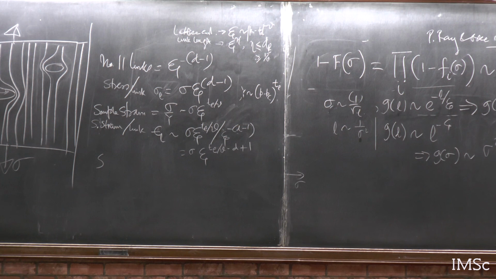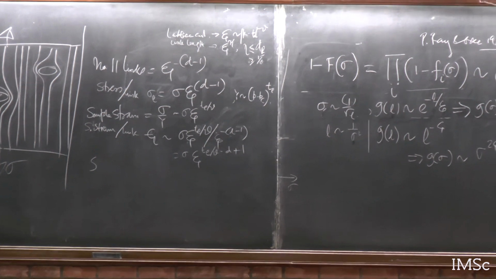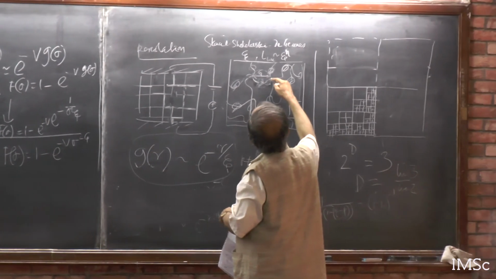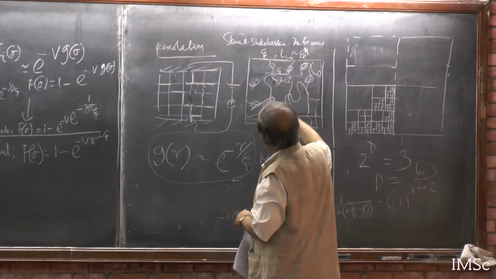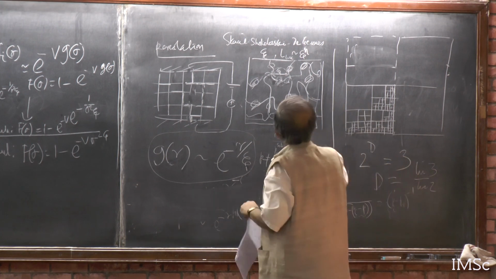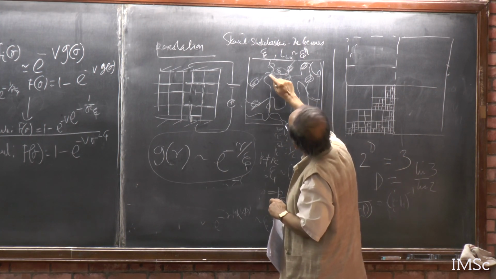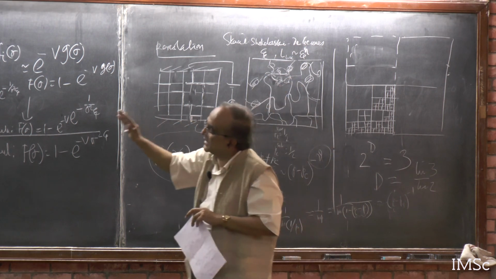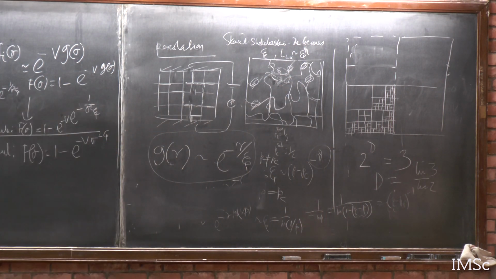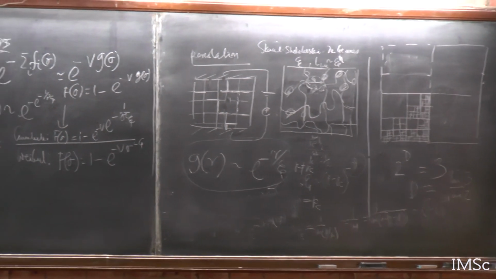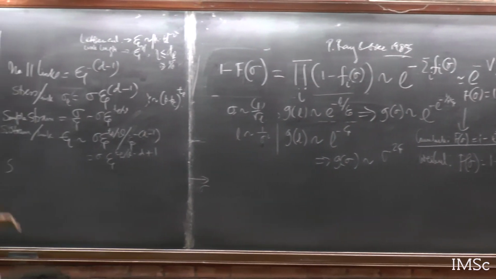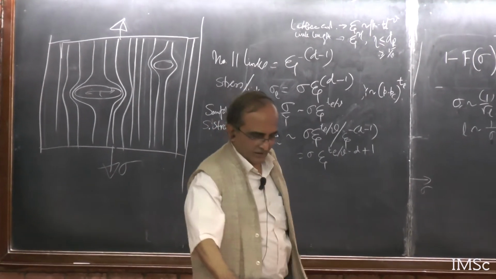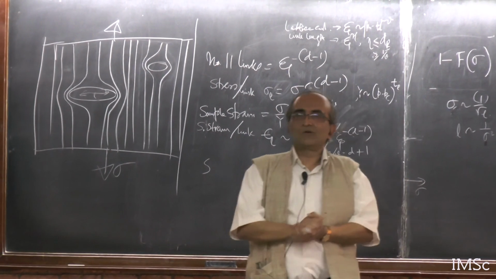So if this increases, the stress per link increases, and the elastic energy is also shared by the number given by the inverse of this correlation length. The link length is this, so I have to divide the elastic energy by the links, so I have to get the elastic energy per link. For that I have tried to find out stress per link, strain per link. I will have to go to the elastic energy per link, fix it, give it a maximum value, then find out the breaking stress.